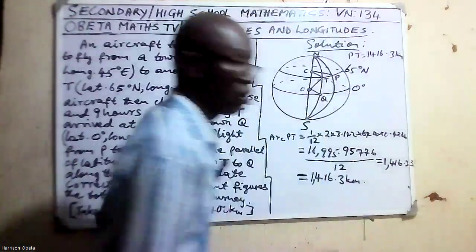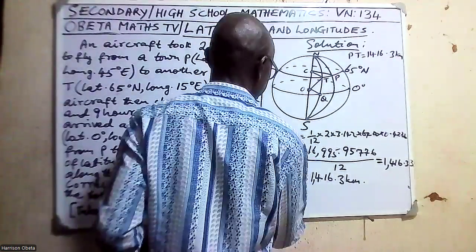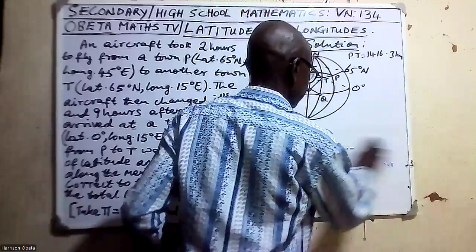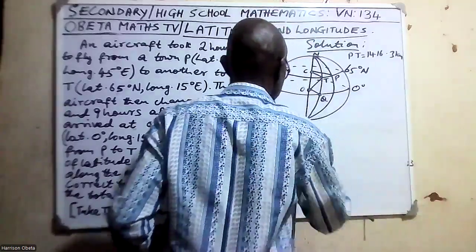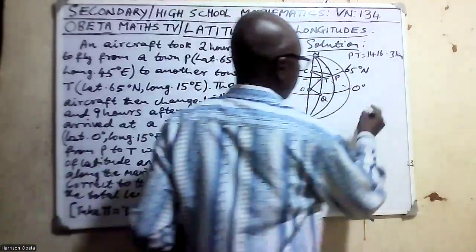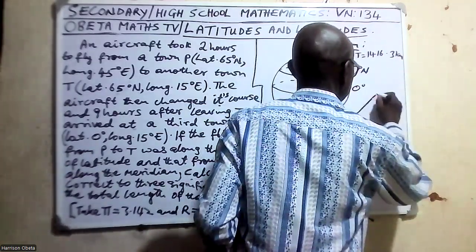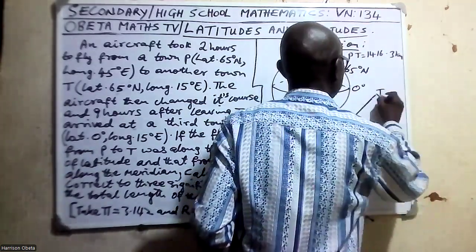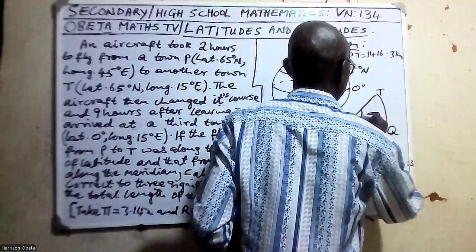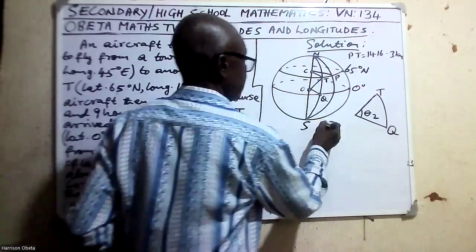And TQ is along parallel of longitude. So we come back. Now we bring it out and we have this. This is our T, this is our Q. Let's call this theta 2.